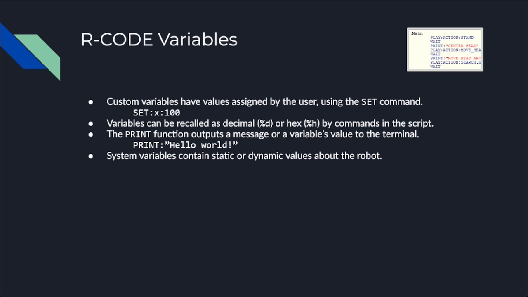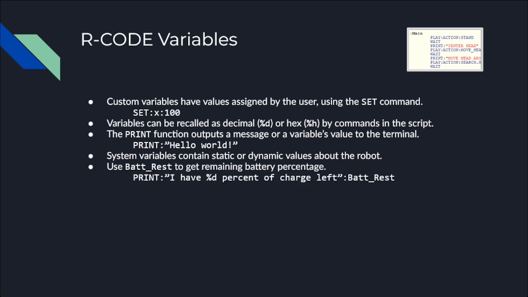They're called system variables. These are static or dynamic values about the current status of the robot. For example, we have the battery rest variable. This variable contains the current battery percentage that's left on the robot.